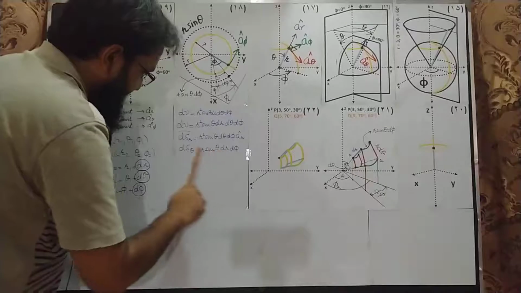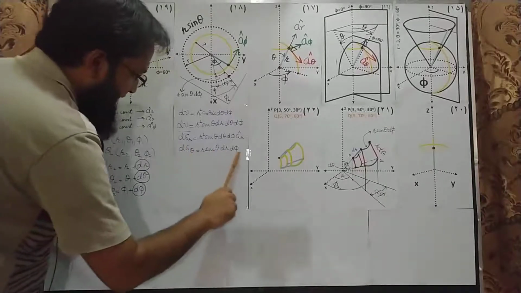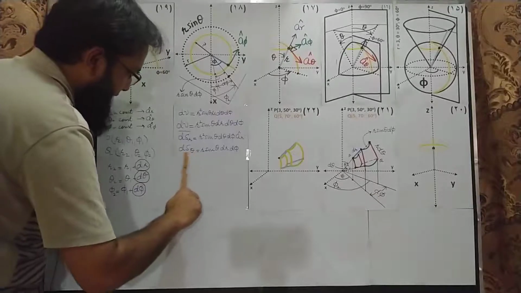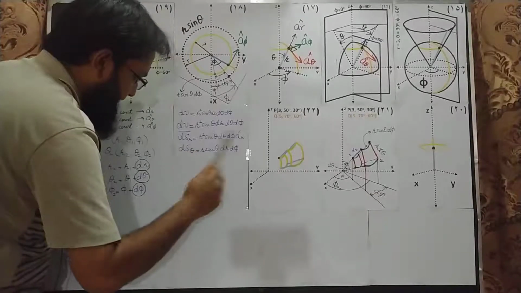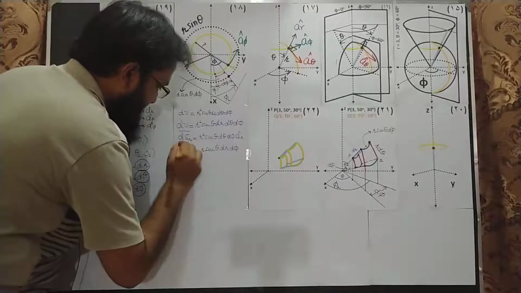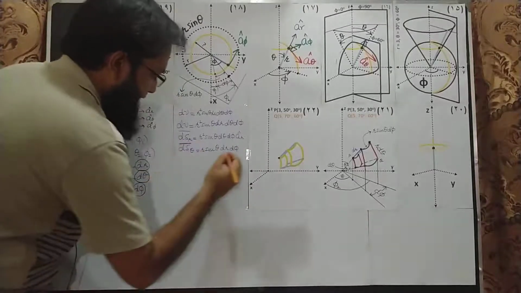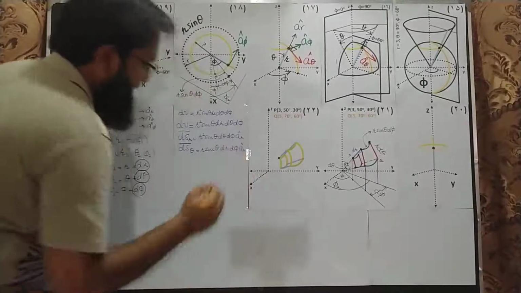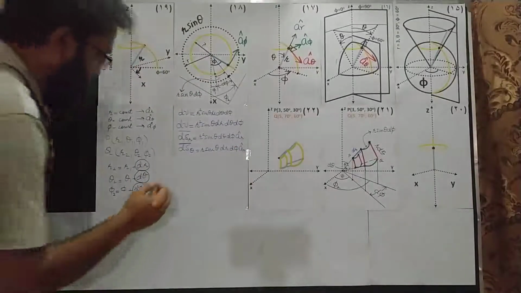There is no d theta here, because we are writing the formula for the surface over which theta is constant, so there should not be any change in theta. This is also a vector quantity, so we multiply it by the unit vector a theta, and you should now know why.